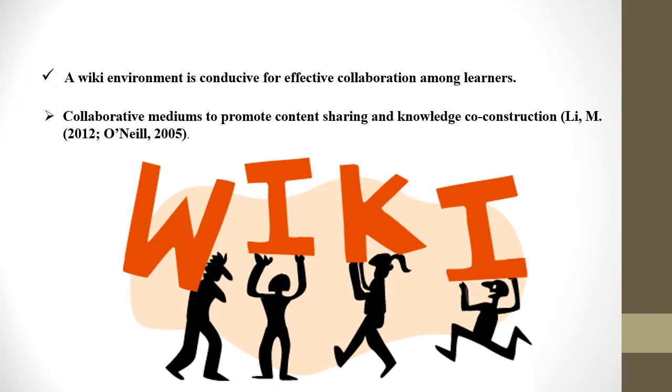So a wiki environment is conducive for effective collaboration among learners, and this has been evidenced by prior research and has a theoretical foundation. And collaboration is a medium to promote content sharing and knowledge construction. So it is important for interaction, for sharing, for building texts.